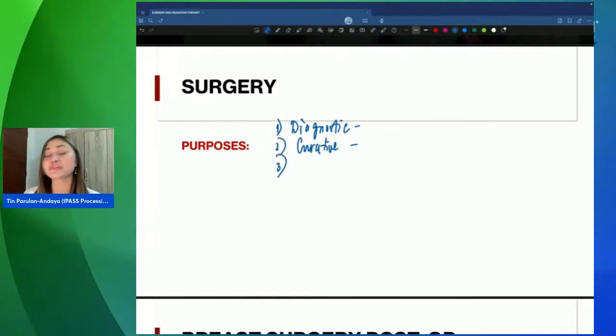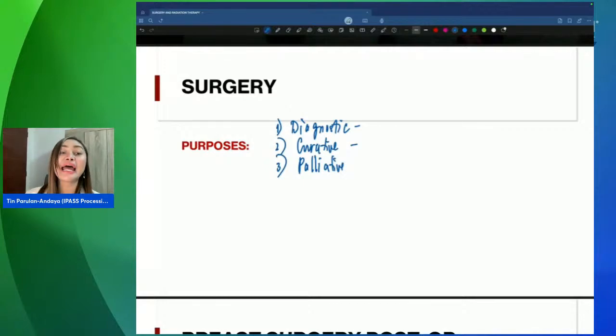Another purpose of surgery is palliative surgery. What is this? This is not to cure the disease, but to relieve symptoms and improve the quality of life. For example, removing a mass that's causing pain or obstruction.